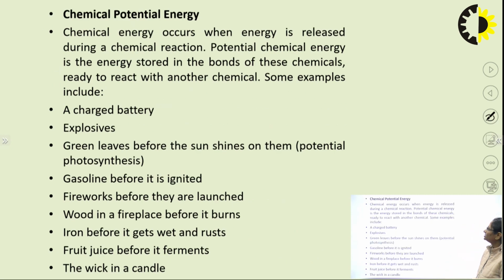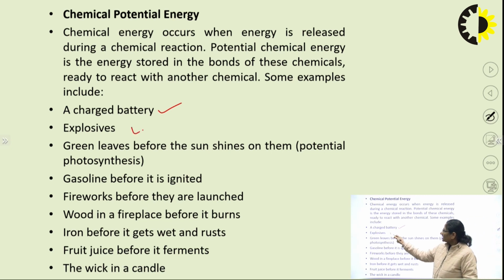Chemical potential energy. Chemical energy occurs when energy is released during a chemical reaction. Potential chemical energy is the energy stored in the bonds of chemicals which are ready to react with another chemical. Some examples include a charged battery. It is an example of chemical potential energy. Some chemical reactions are ready to take place, and during these reactions, an amount of energy is released.